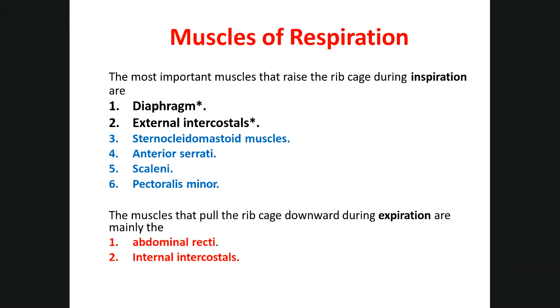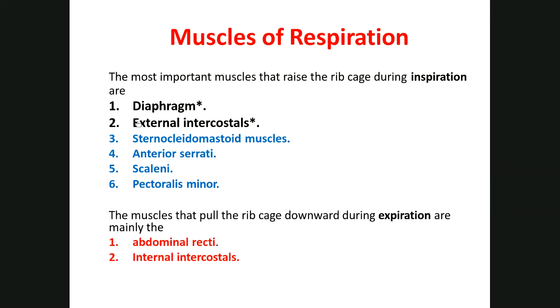So the muscles of respiration, as we mentioned before, the primary muscles are the diaphragm and the external intercostalis muscle. These two muscles are inspiratory muscles. When they contract, as we mentioned, they alter the volume of the lung and the pressure, causing inspiration. In addition to these muscles, during stress or exercise, another group will help them.